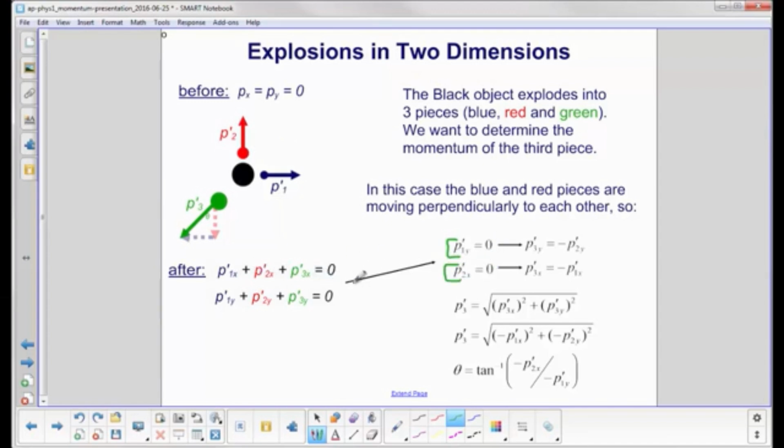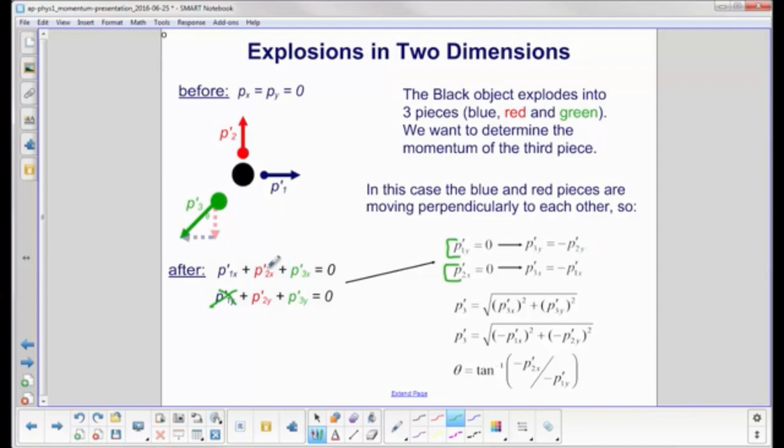Now let's come on over here. After the explosion, momentum is conserved in the x direction, also in the y direction. So I take my term here where P prime 1y equals 0, look right here, and this term cancels out, and then I come up over, just follow the line, and I have P prime 3y is negative P prime 2y.